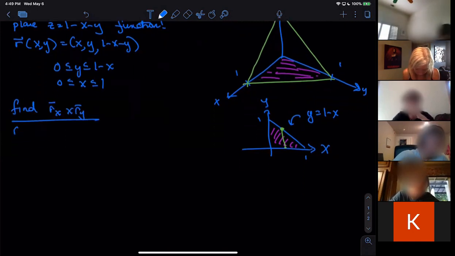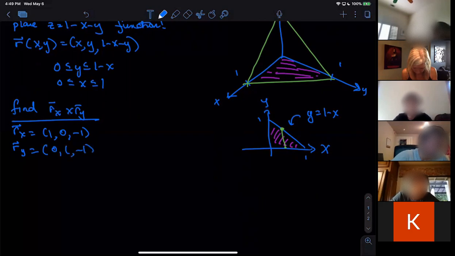So r sub x, again, I'm looking right here. The partial derivative of this with respect to x is 1, 0, -1. The partial with respect to y is 0, 1, -1. Now I take the cross product, rx cross ry.